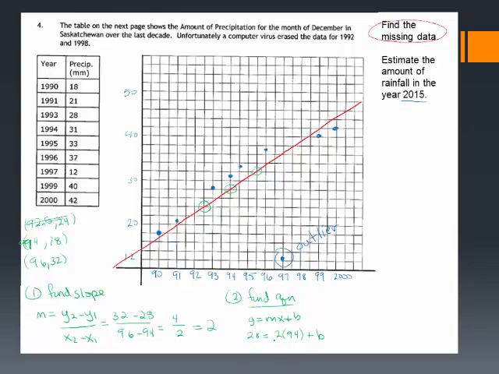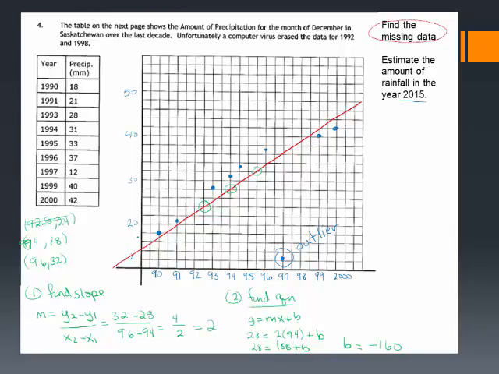And I'm going to get 28 is equal to 2 times 94 plus b. So 28 is equal to 188 plus b. If I subtract 188 from both sides, I have 28 minus 188, and that gives me that b is negative 160. Now this would occur if we went back to the year 0.